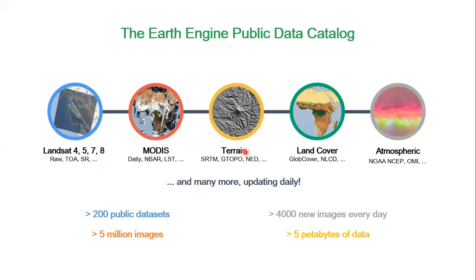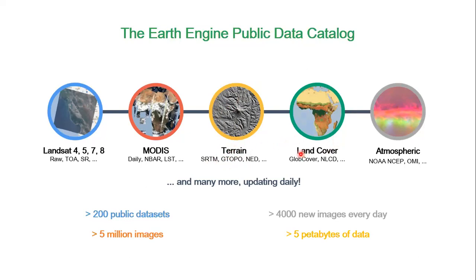If you want to delineate a watershed, you would normally go to a platform to download the DEM separately. But if you just want to download the data, Google Earth Engine provides that also: various terrain data like SRTM, GTOPO, ASTER, and many other DEM data.